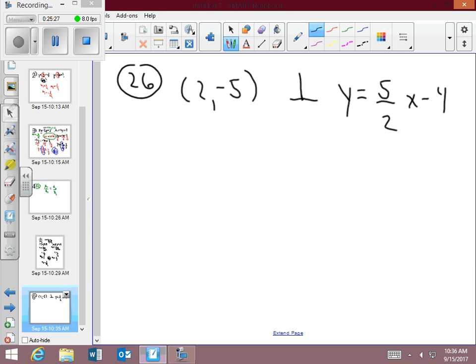Now, in order to solve the problem, you've got to formulate what you're going to do. What do we have available to us, and what do we have to find, from what's stated?